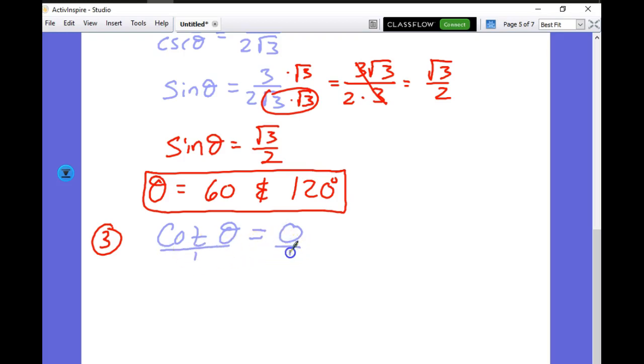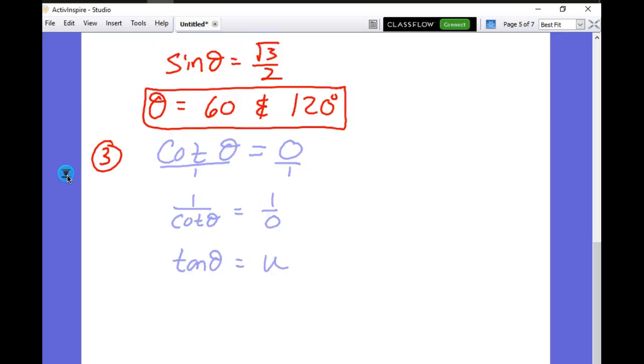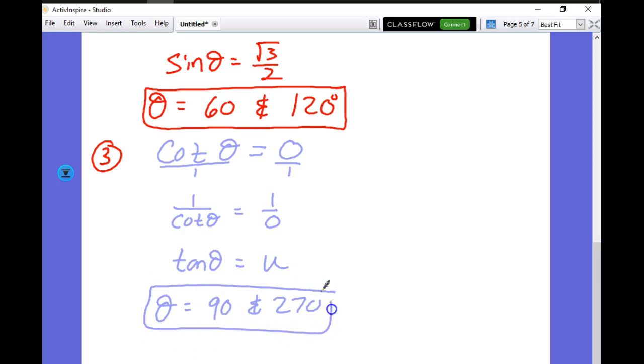Think of these as over 1, right? So this becomes 1 over cotangent theta, and this becomes 1 over 0. Now, what is 1 over cotangent? The reciprocal of cotangent is tangent. And what's 1 over 0? Look at your unit circle. Where is tangent undefined? So that means that where tangent is undefined, cotangent equals 0.